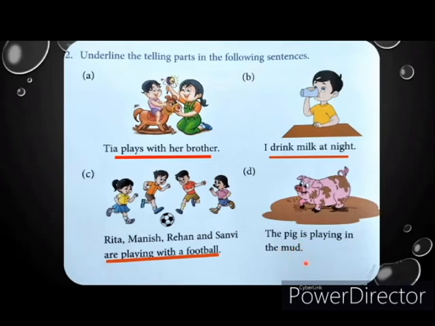It is playing in the mud. So we are going to underline "is playing in the mud." So I think that the telling part is clear for you. And the telling parts of the sentences are: plays with her brother, drink milk at night, are playing with a football, is playing in the mud.